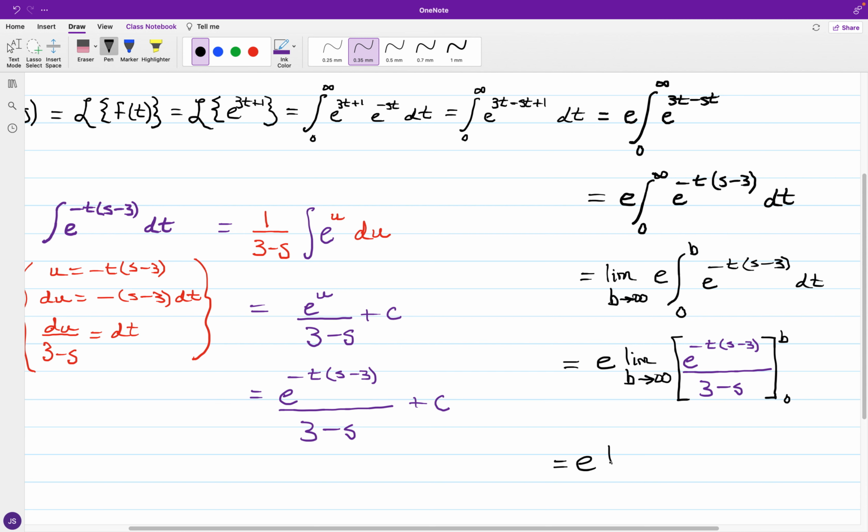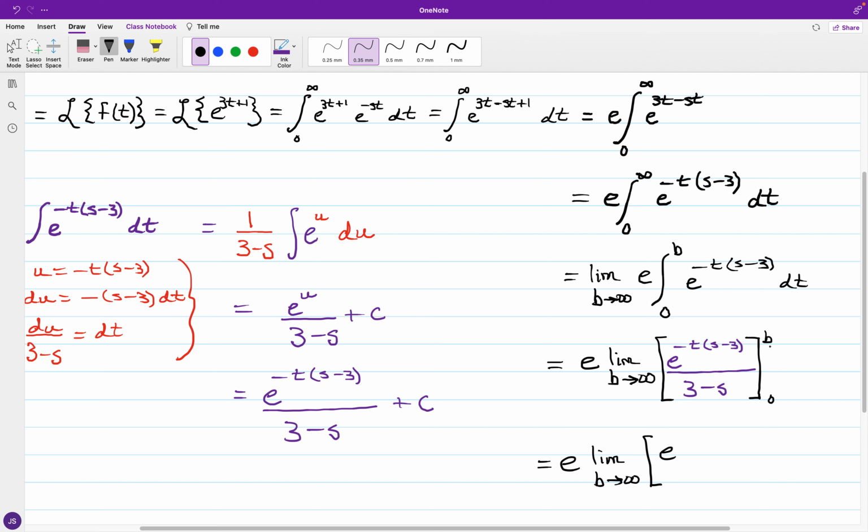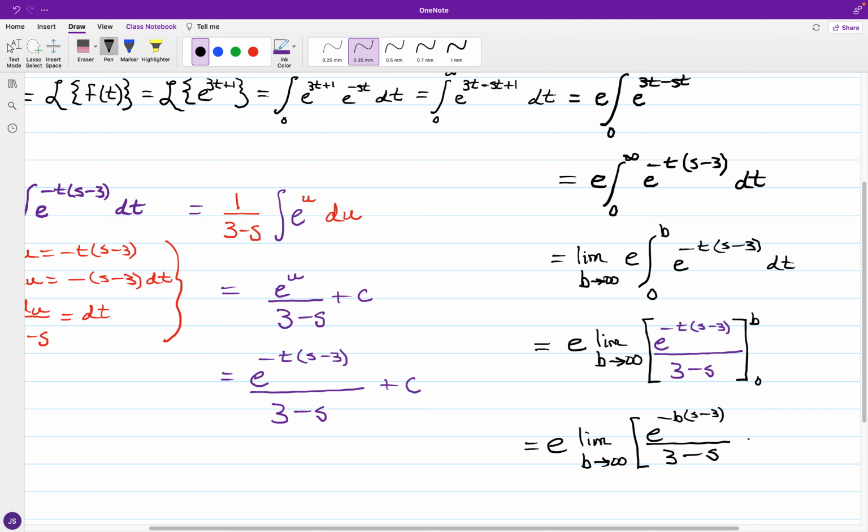Upon substituting, with the upper limit at b, we have e to the negative b times the quantity of s minus 3 all over 3 minus s, and subtracting the lower limit, which is e to the 0, which in this case is 1, over 3 minus s.